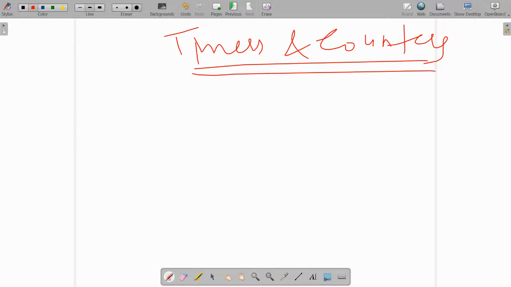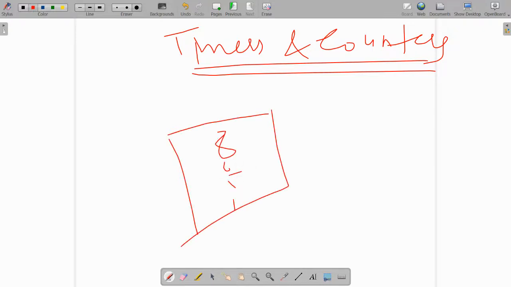I have told you that when you are using the 8051 to count an external event, then you are using the same timer as a counter. So how many timers do you have?